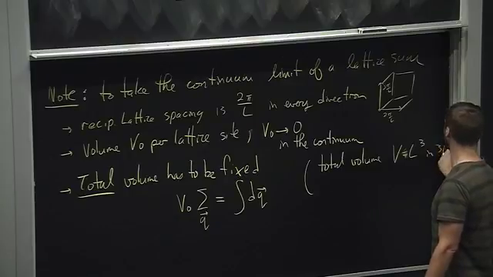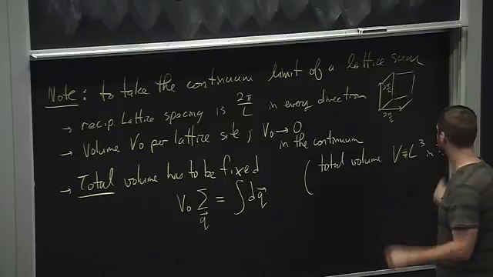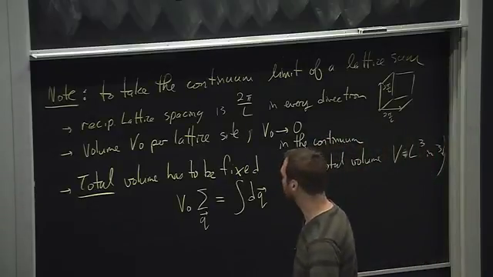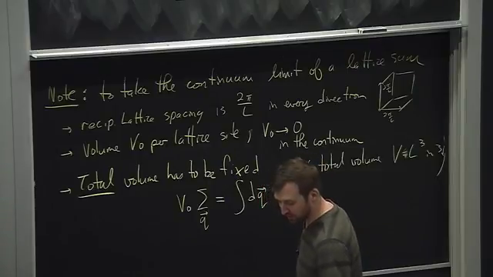What else? There's a density of states. It's volume over 2 pi cubed. I don't know if that matters. So I have lattice Fourier transforms.